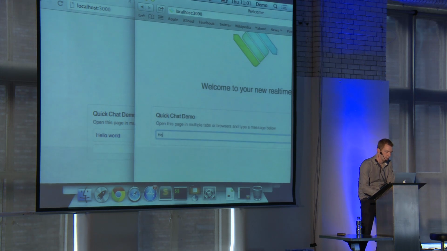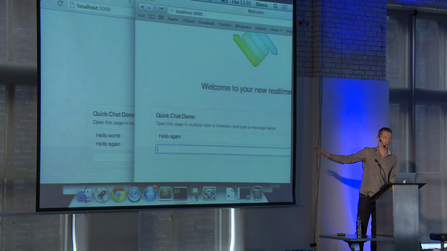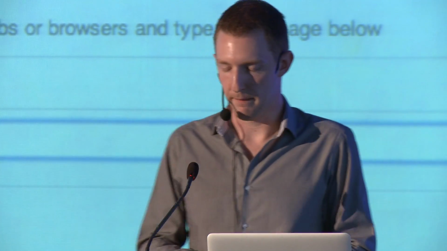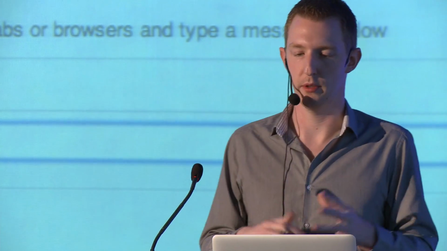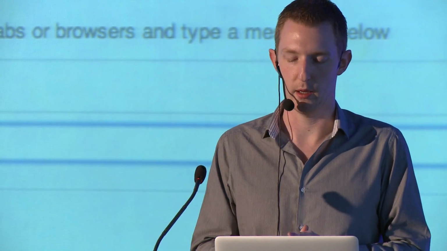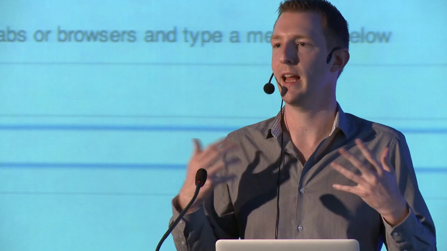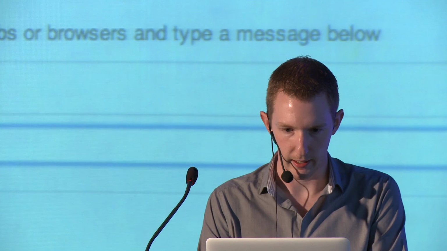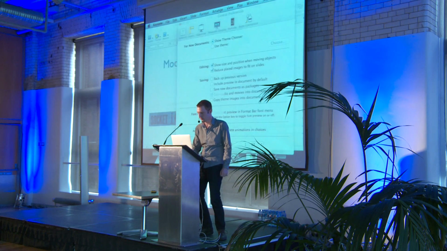I can go hello again, and you'll see in the background that it's now been broadcast to both. Setting that up with Socket.io, or assembling the components, can be done, but it will take you a little while. We've figured out the best way of plumbing things together, and you get that by default.